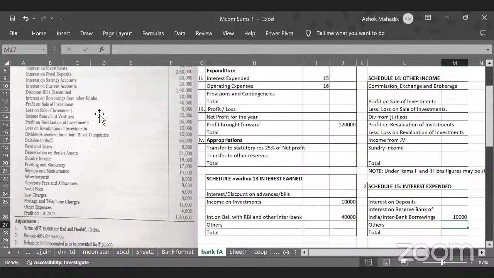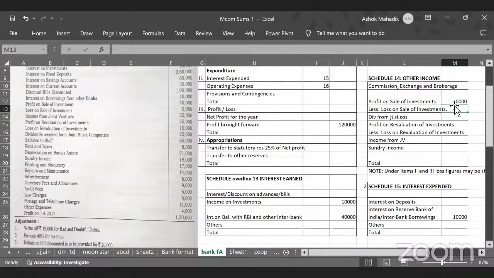Next item is profit on sale of investment. Schedule number 14, on the right side of your screen, you can see profit on sale of investment. How much is it? 40,000. Correct? Next, followed by loss on sale of investment, 5,000.